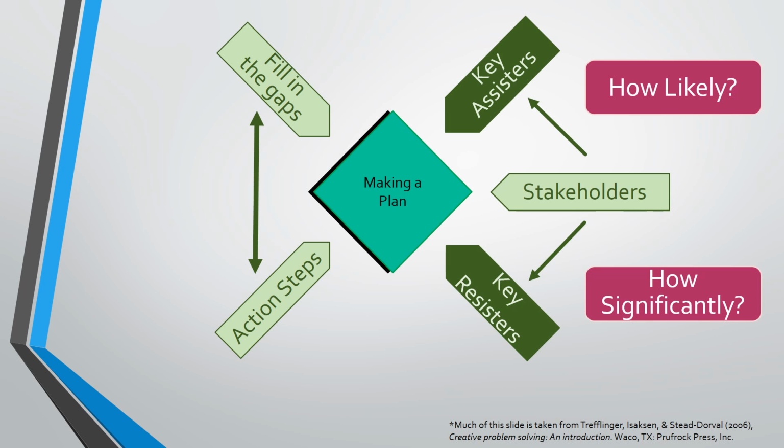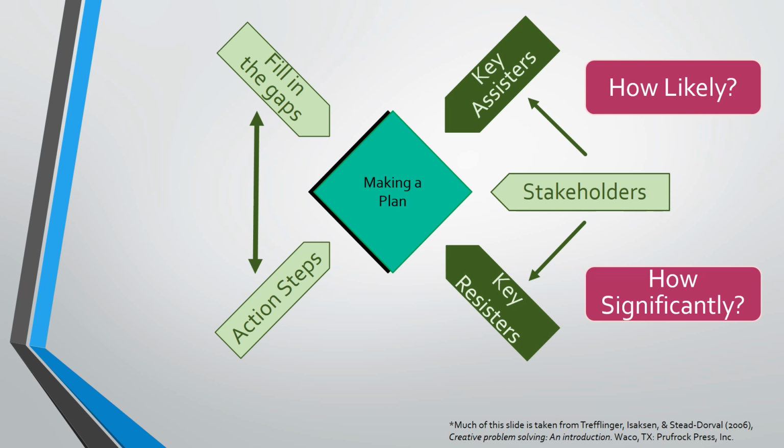Your action steps should be revised in order to take account of any resistors or assistors that rank high in both likelihood and significance. So if a certain potential is highly likely and would be highly significant if it did happen, then you need to have an action step that will help you prepare for that.